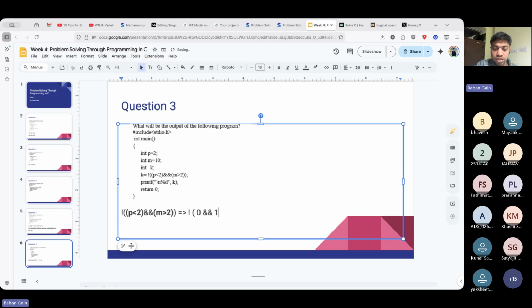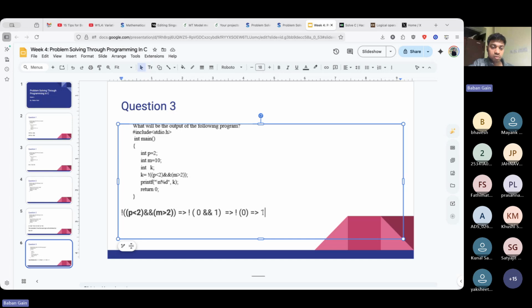So the question becomes 0 and 1, which is 0, because in case of AND, both of them need to be 1, only then it can be 1. So the value now is not of 0. Not of 0 gets flipped: 0 becomes 1, and if it is 1, it becomes 0. So not of 0 is 1.